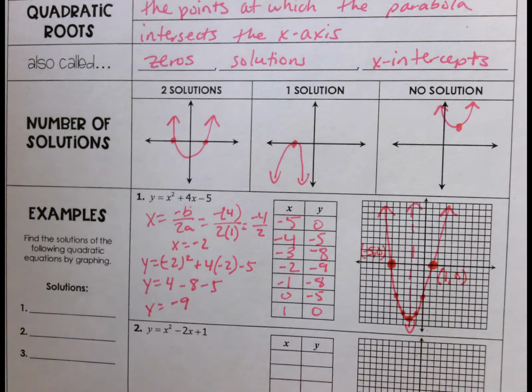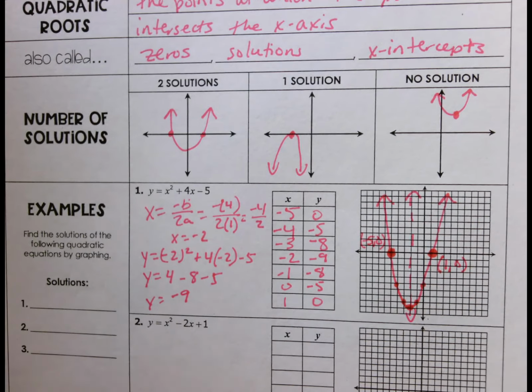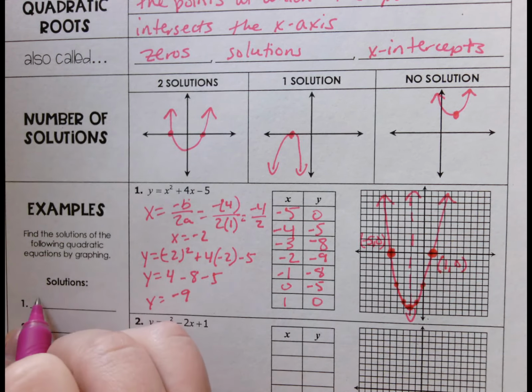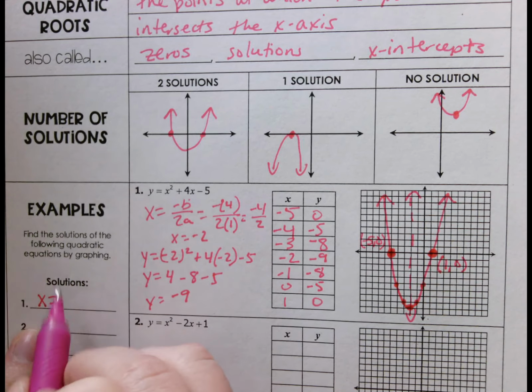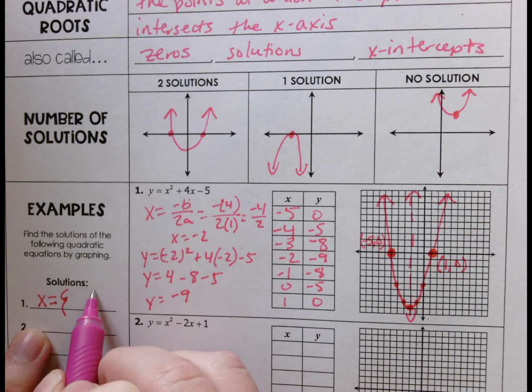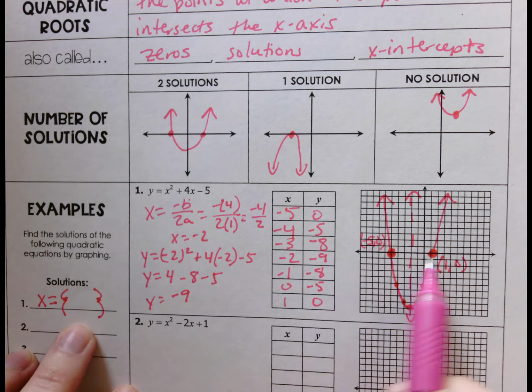So when we write our solution, it's only the x value that we're worried about, because if you remember, the y value is always going to be 0. With an x-intercept, your y value is always 0 because you're not going up or down on the y-axis, you're staying on the x-axis. So our solution is going to be written like this. X is equal to, and then here we have a solution set, remember, because there are 2 solutions.